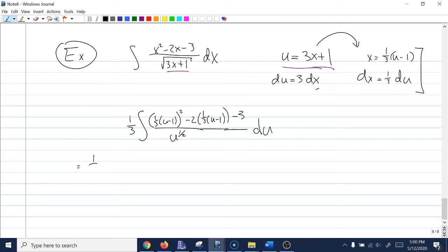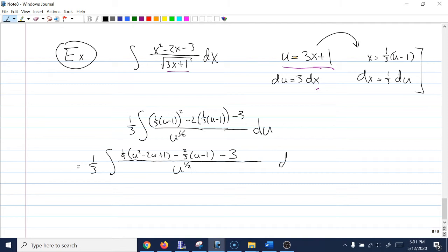I get 1/3 squared is 1/9. Come on, stylus. 1/9. u squared minus 2u plus 1 is what you get when you FOIL out that squared. Minus 2/3 of u minus 1 minus 3 all over u to the 1/2.